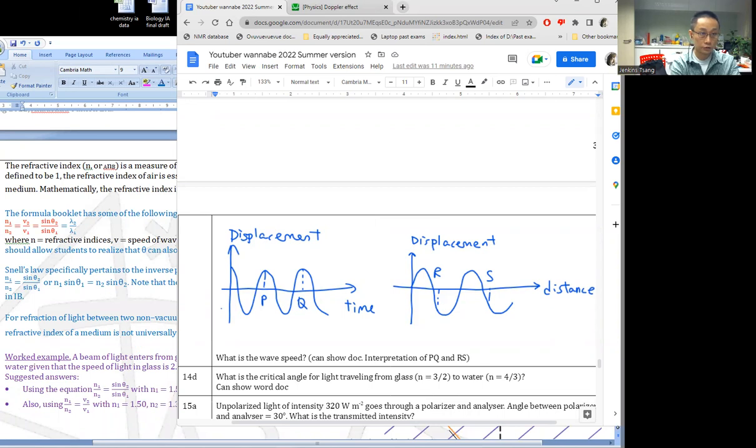What you have to do is recognize you need to use this n1 over n2 equal to sine angle 1 over sine angle 2.